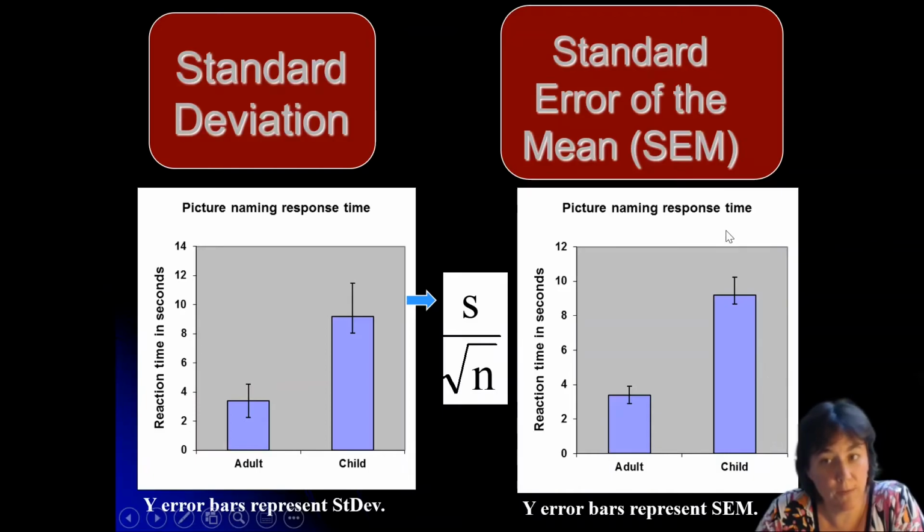Basically, when you do this kind of demonstration with the standard error, usually you're talking about the population. In the other case, usually you're talking about your sample. So that's the main difference here.